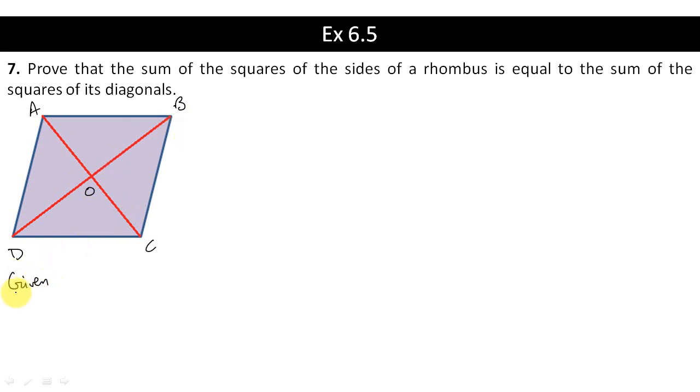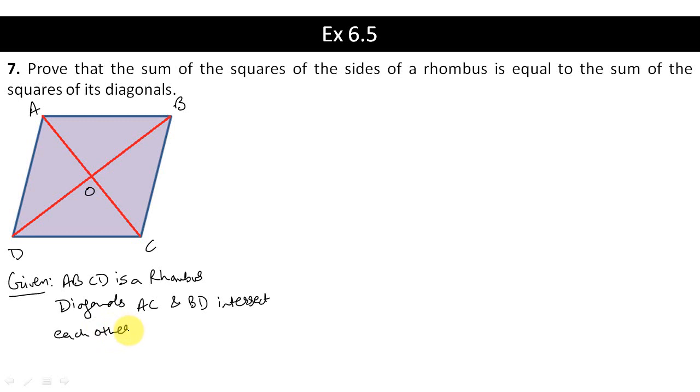So it is given that ABCD is a rhombus. Also, the diagonals AC and BD intersect each other at O, and we need to prove that AB square plus BC square plus CD square plus DA square is equal to AC square plus BD square.